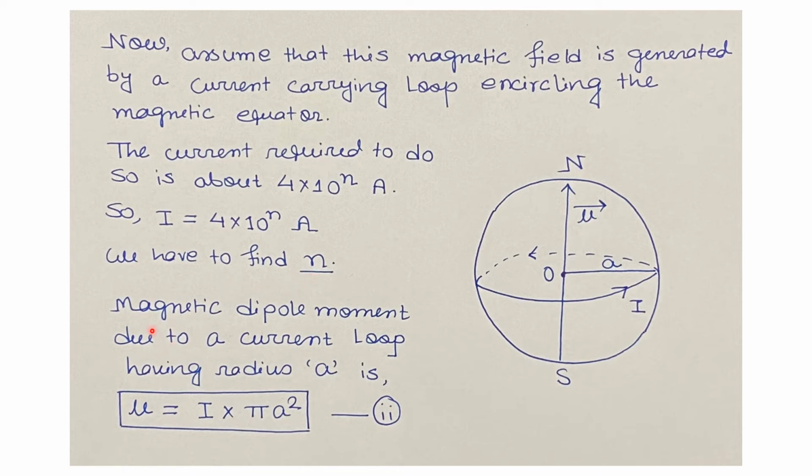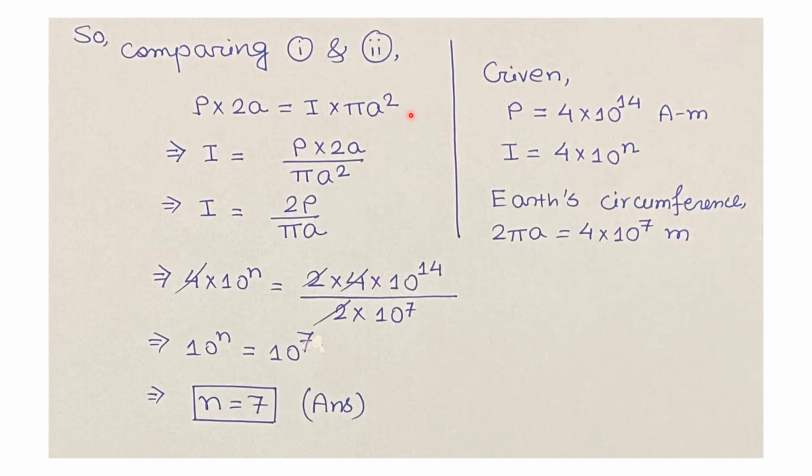Now we know the magnetic dipole moment due to a current carrying loop having radius a is given by mu equals I times pi a squared. Now we will compare equation 1 and equation 2.